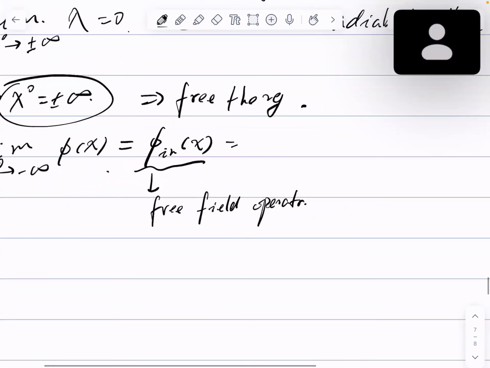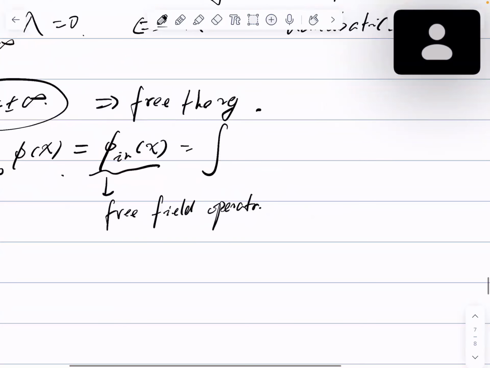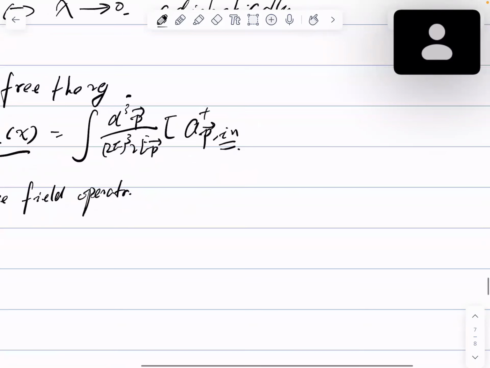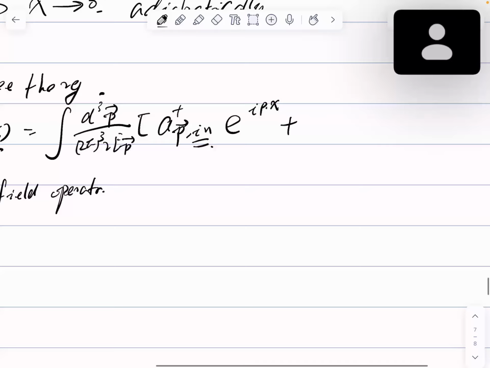We can write it down again: φ_in(x) equals the integral d3p over (2π)^3 2E_p, of a dagger p in e^{ipx} plus a p in e^{-ipx}.